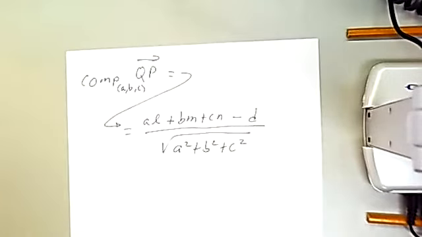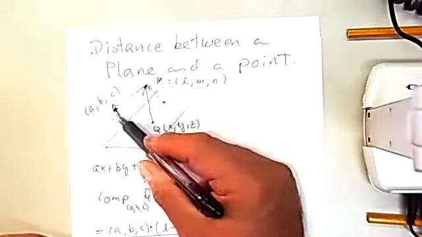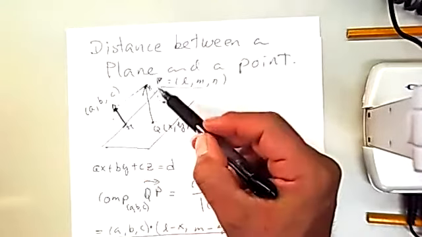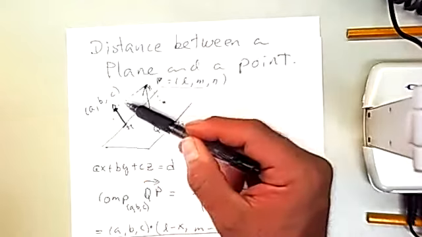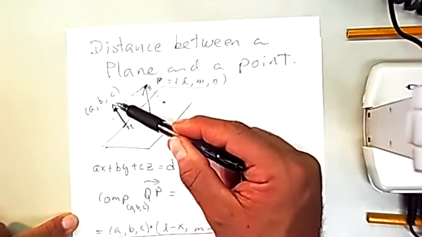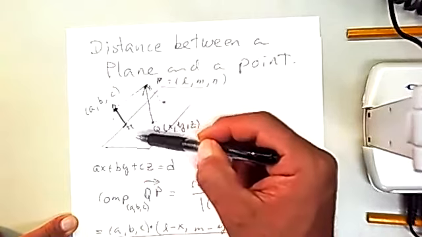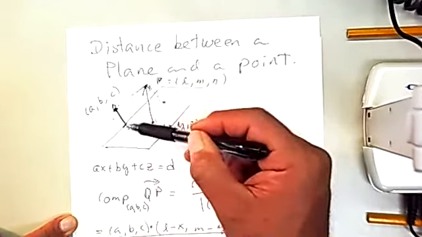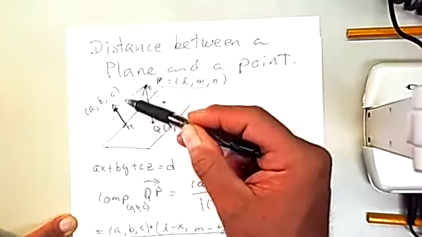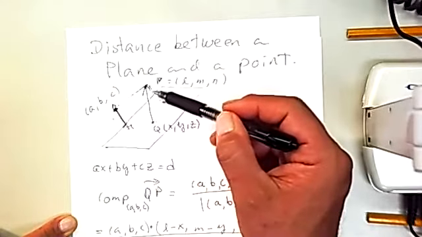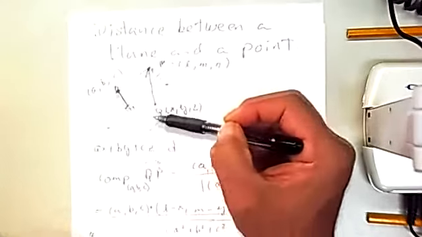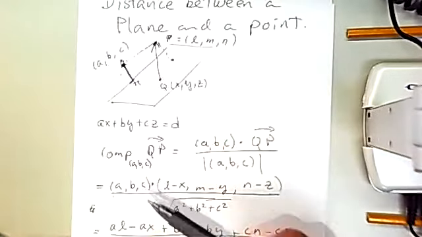Now, that is the component of the projection of this vector onto this one. The problem is we don't know whether this vector is pointing in the same direction as the point P or in the opposite direction. It could go one way or the other, so the component could be positive or negative.